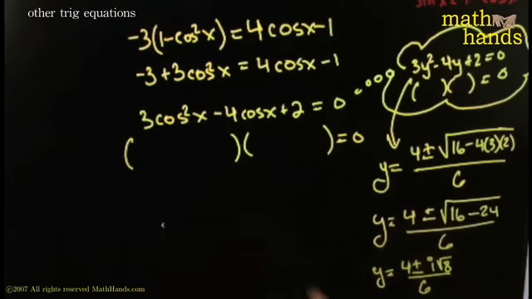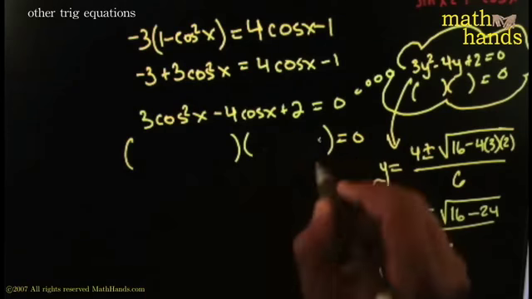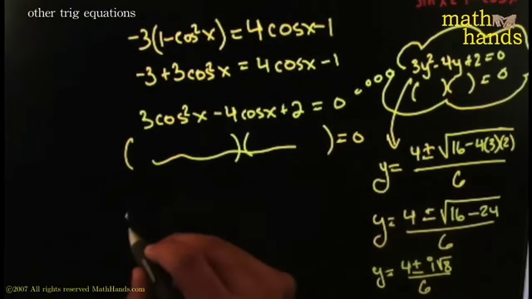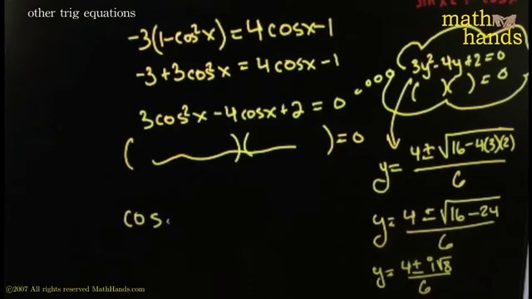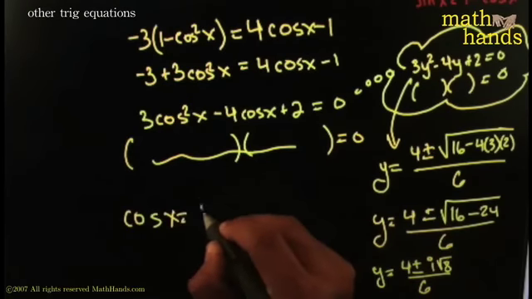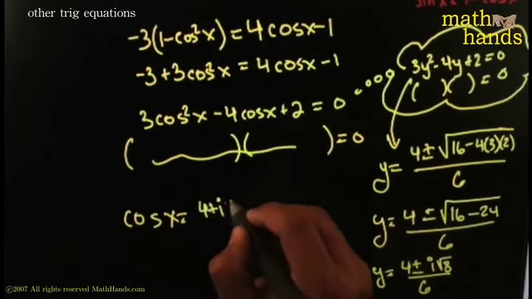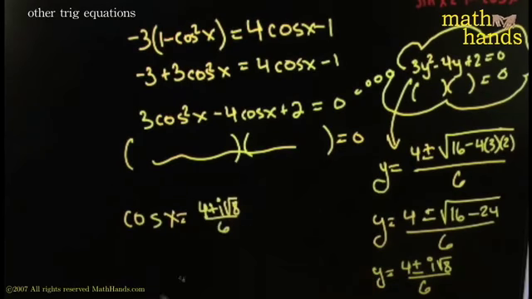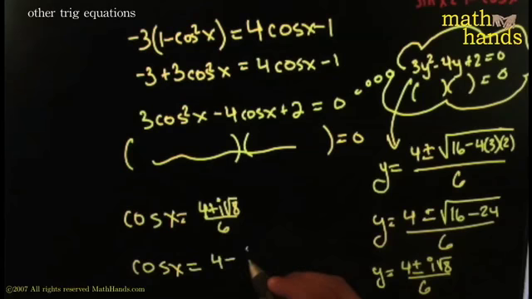You'd have, this wouldn't have worked, so then you would have used the quadratic formula, and you would have concluded that cosine of x is equal to 4 plus i times the square root of 8 over 6, or that cosine of x is equal to 4 minus i times the square root of 8 all over 6.